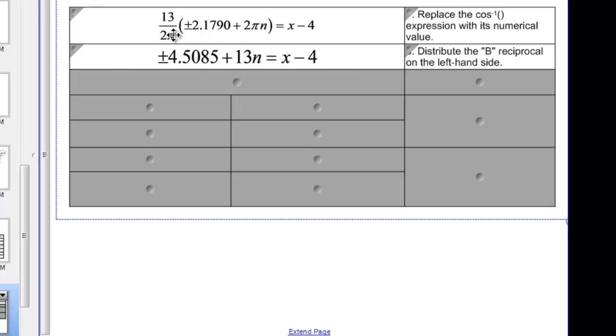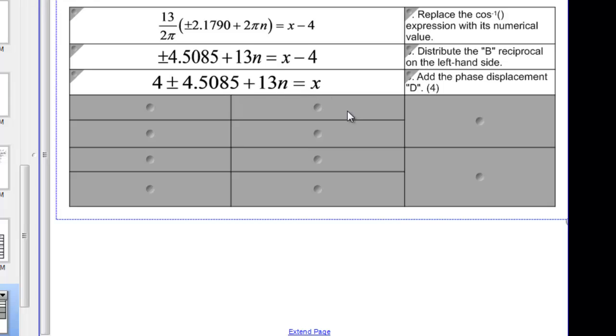Don't forget to distribute those values to both the initial term and the periodic expression. The final thing we need to do to isolate x is to add the phase displacement of 4 to both sides. And we get 4 plus or minus 4.5085 plus 13n equals x.